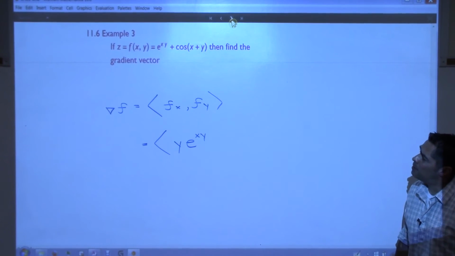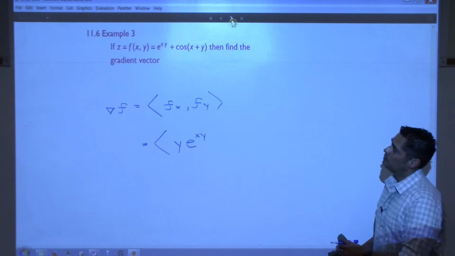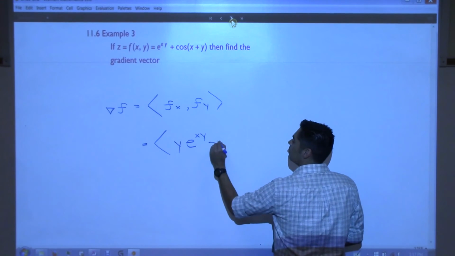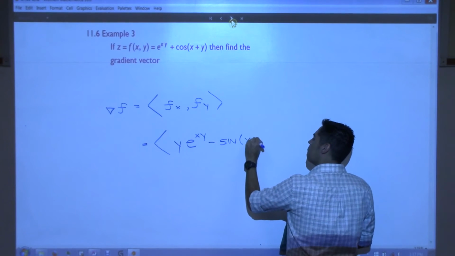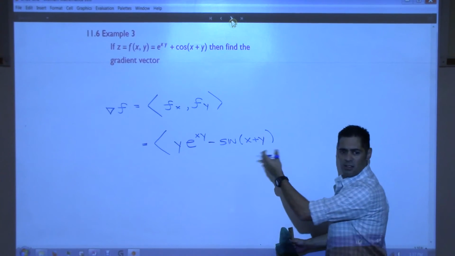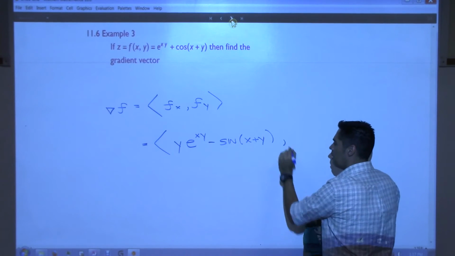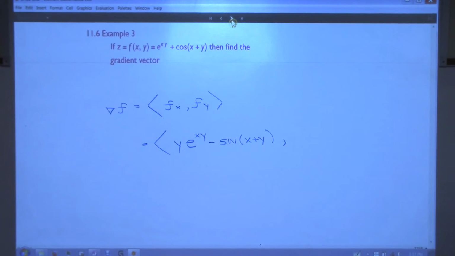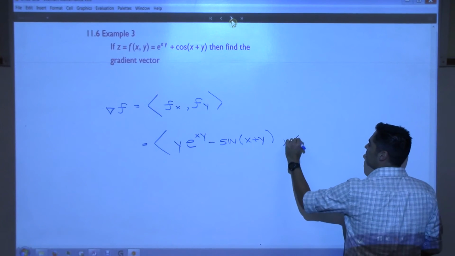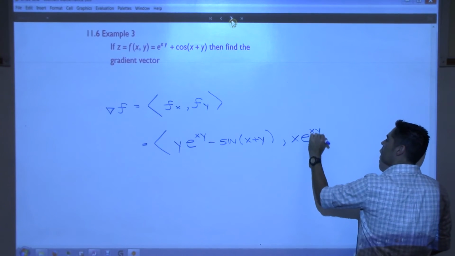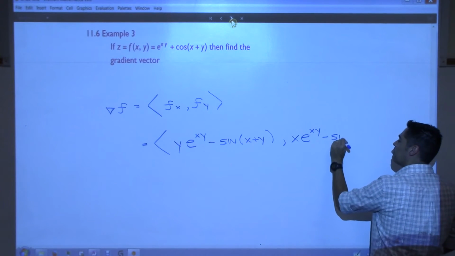What's the partial of that with respect to x? Negative sine of x plus y. Anything else there? That's it. Okay, I agree. And then now we do a comma. So the second component of the gradient vector is the partial of that with respect to y. So instead of y e to the xy, it's x e to the xy. And then minus, this part's exactly the same.